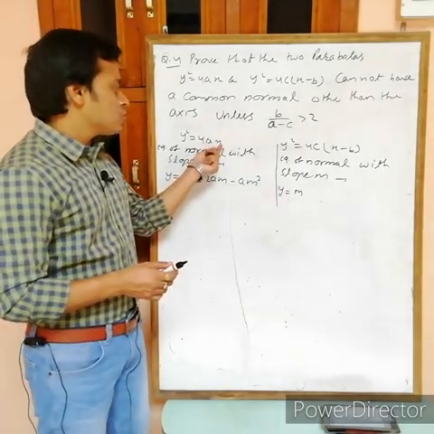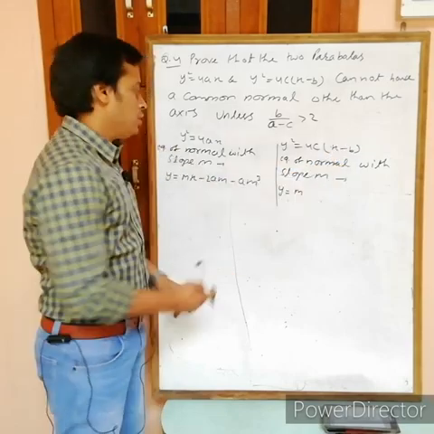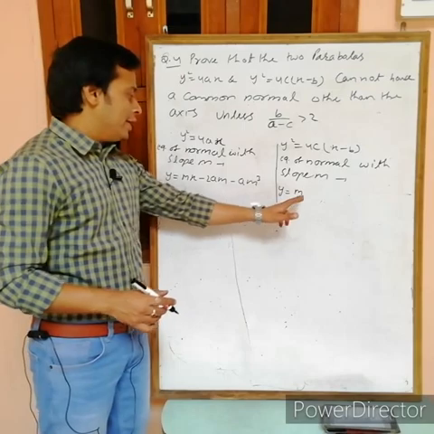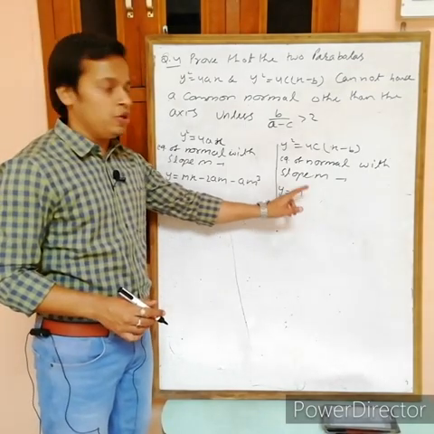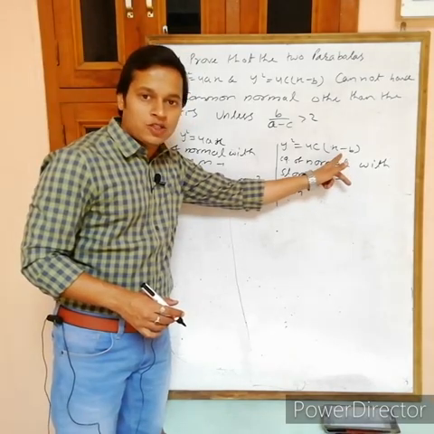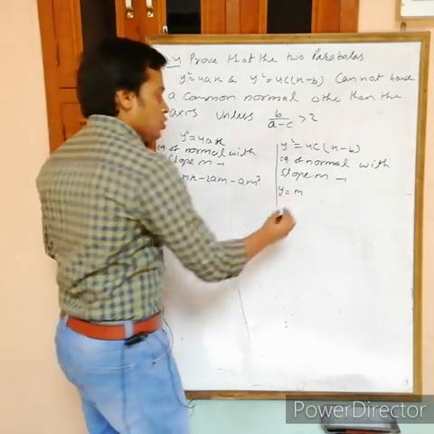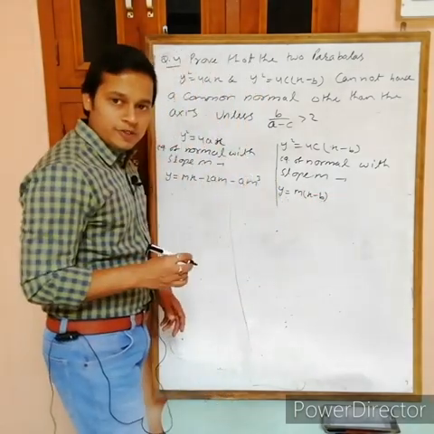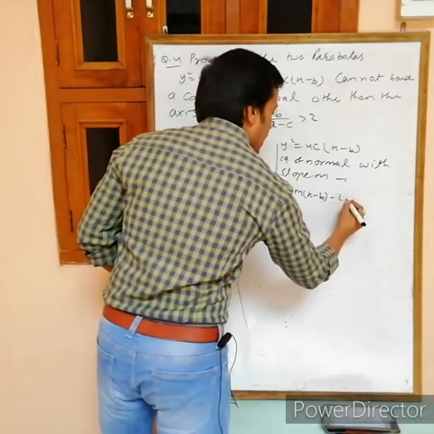At the place of x, what do we have? x minus b. So here also we have to put x minus b. So y equals m(x minus b) minus 2am.